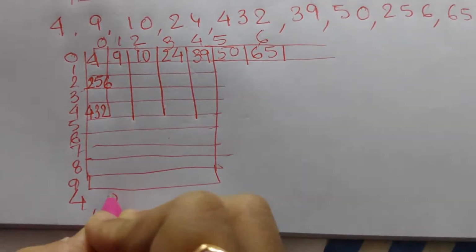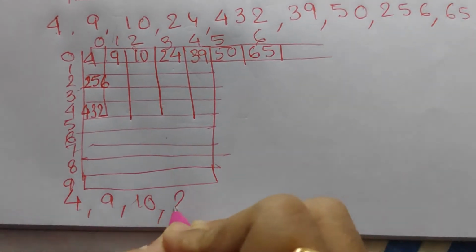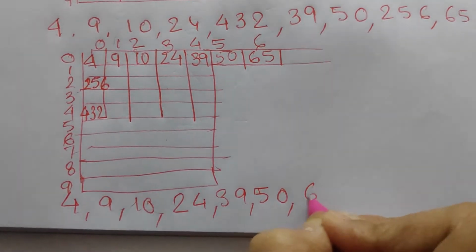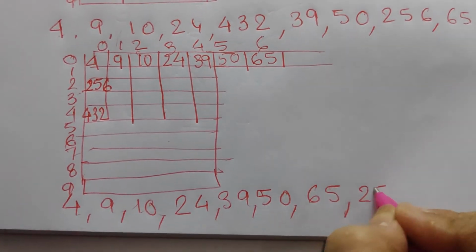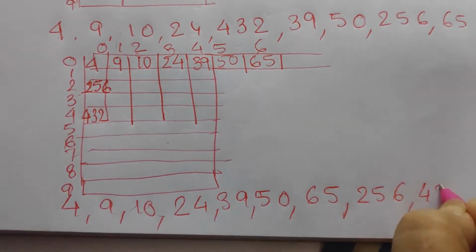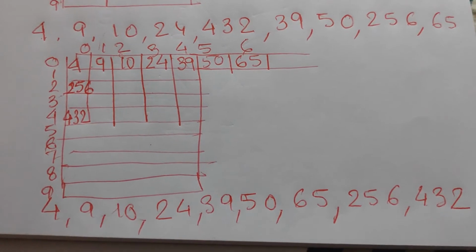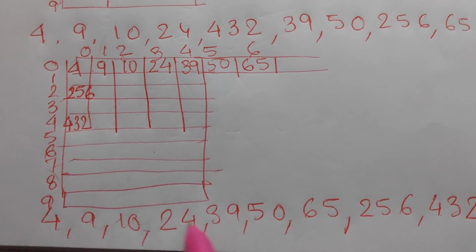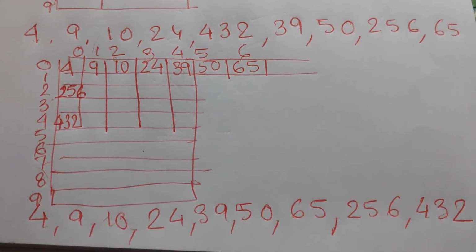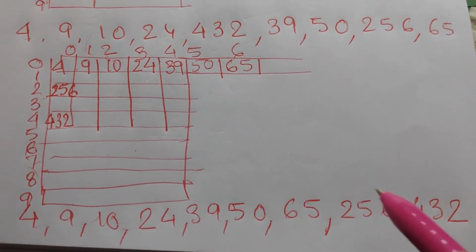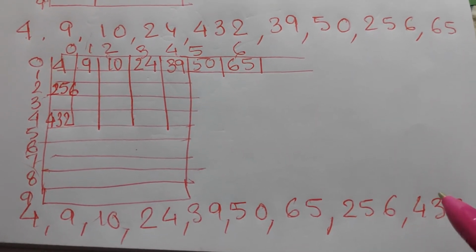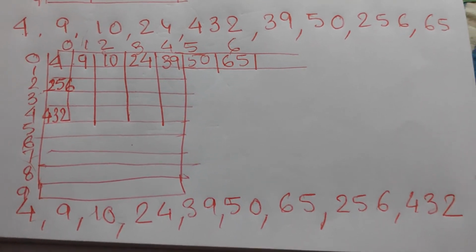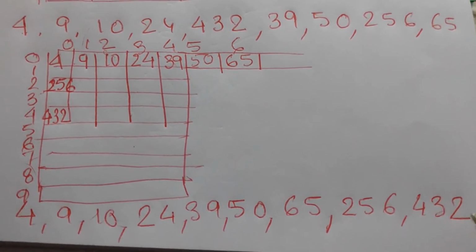So 4, 9, 10, 24, 39, 50, 65, then we have 256 and we have 432. Correct? Now if you look at this array that we have got, it is totally sorted. Correct? Since there are only 3-digit numbers in our array, we do not have any 4-digit numbers, we will stop the process over here.